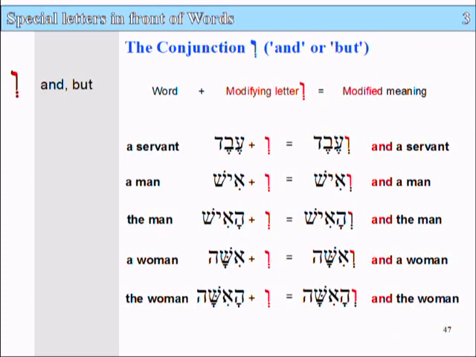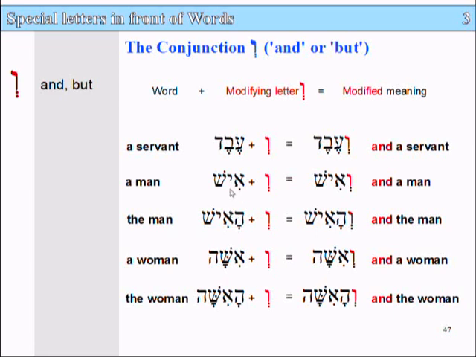So we can see the vav, when added to a word, means and. If the word already had a hey in front of it, the vav plus the hey means and the, whatever the word is.